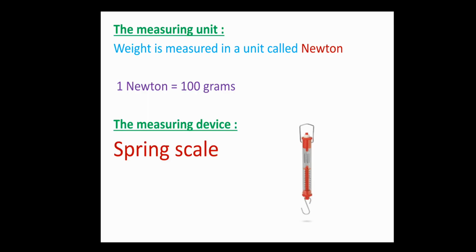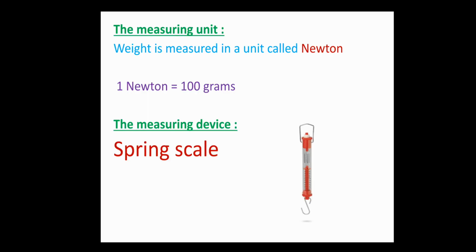The measuring unit of weight. Weight is measured in a unit called Newton. So the Newton is the unit for measuring weight. And 1 Newton equals 100 grams.